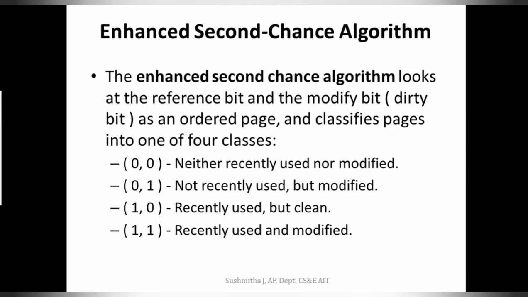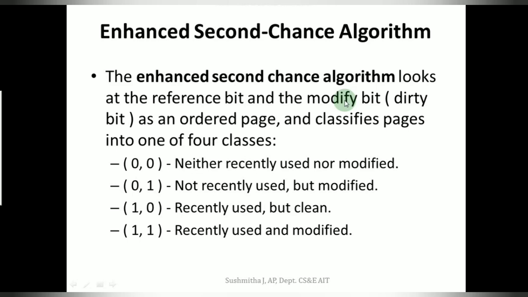If you remember, last class we spoke about a page replacement technique that checks the reference or modify bit, or the dirty bit. The combination of the reference bit and modified bit is used in the enhanced second chance algorithm.